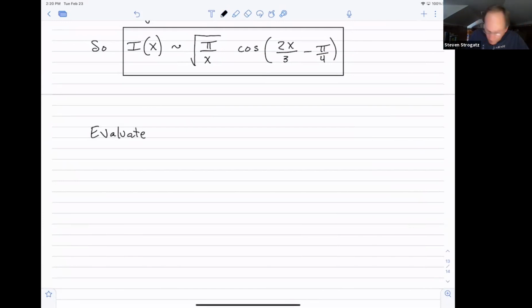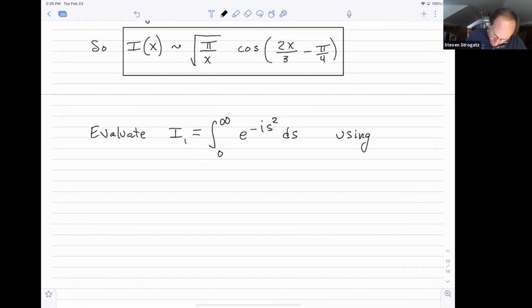If we did want to evaluate, let's call it I1, equals the integral from 0 to infinity of e to the minus i s squared ds, a convenient contour for doing this is the following.